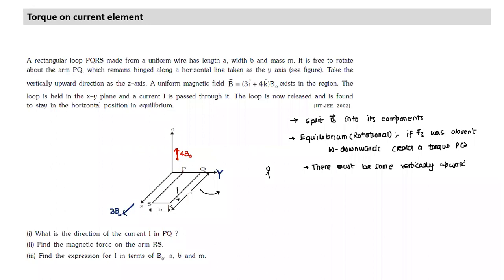Now, which of the two fields? There are two fields here. This is the red color field, this is the blue color field. Which of the two fields can create a force in the vertically upward direction? There has to be some force acting vertically upward. Now I look at which field creates force in the horizontal plane. It cannot create a force in the vertical direction.